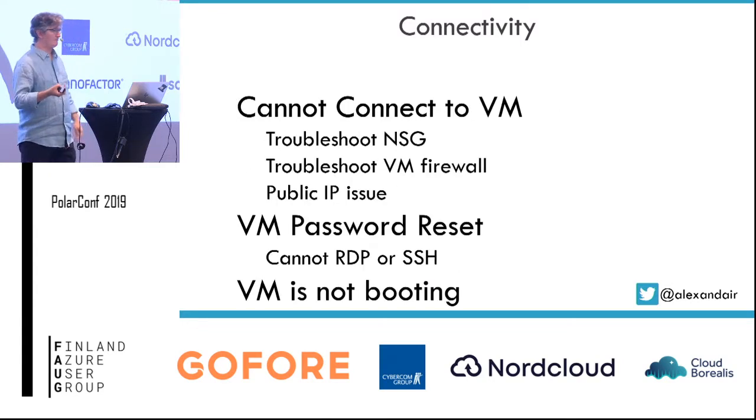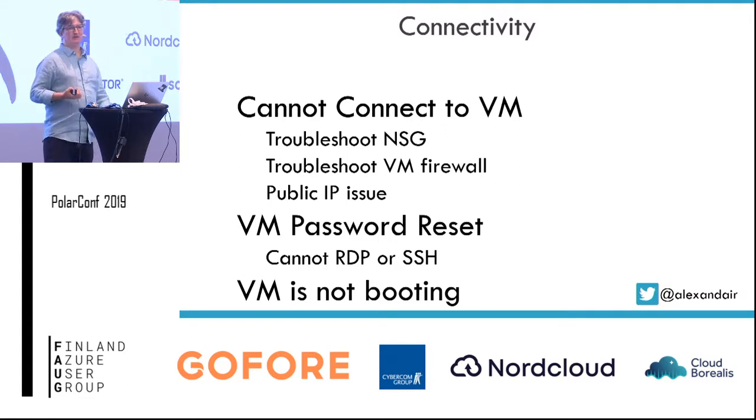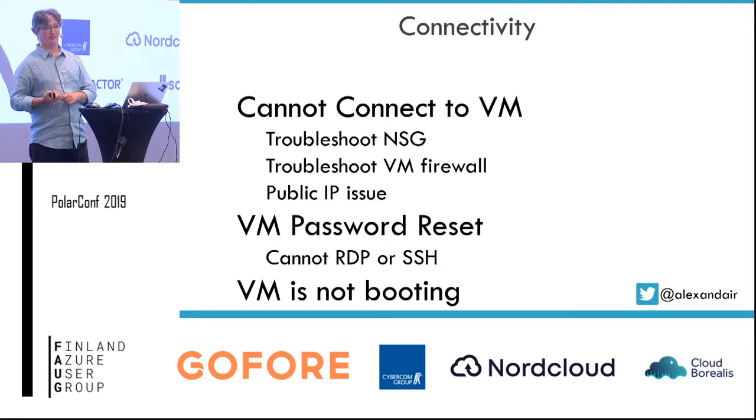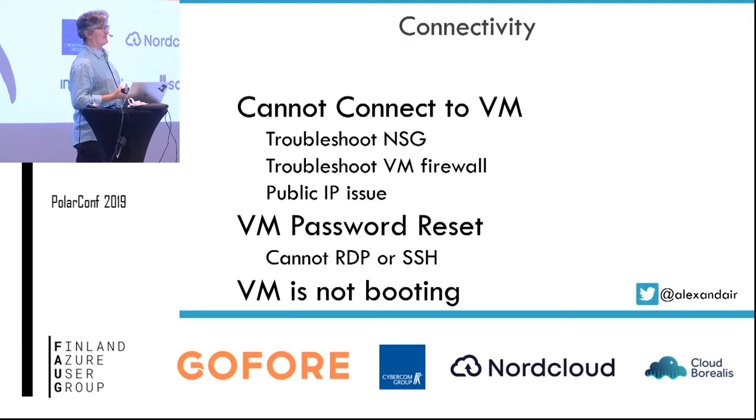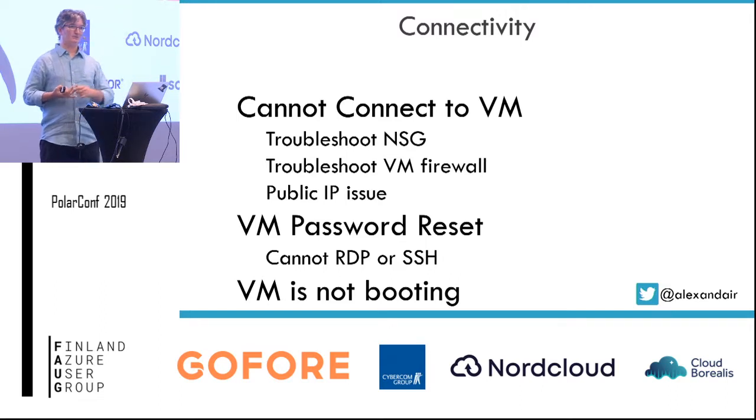For connectivity, we might have a bunch of different issues, right? Sometimes just misconfiguration of the network security group can block you from accessing your VM. Sometimes the NSG is okay, you have all the rules right, but you misconfigured a firewall. You disabled some rules in a firewall that are actually needed for you to connect. Is there a way to solve that problem? We might have a problem with a public IP address.